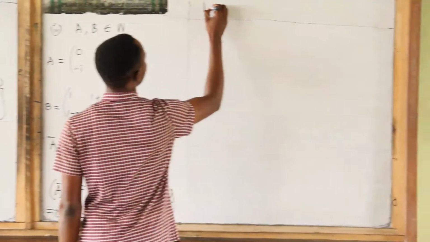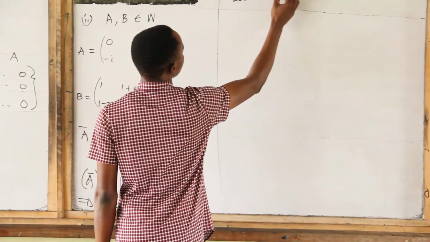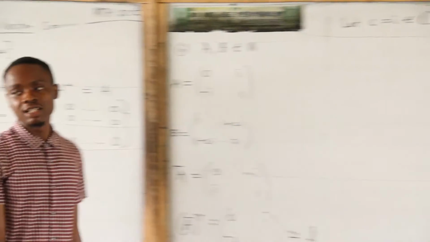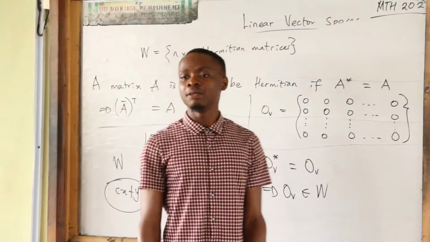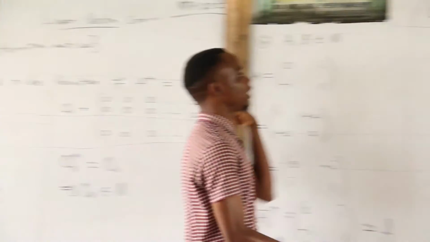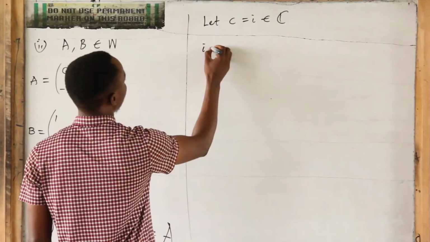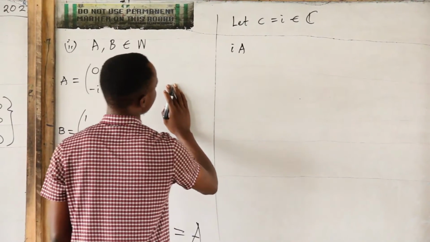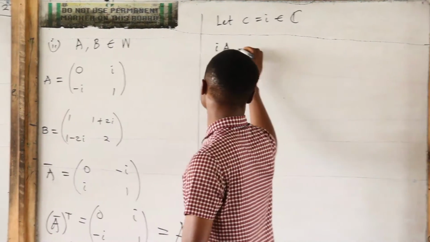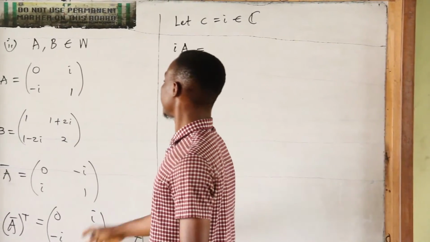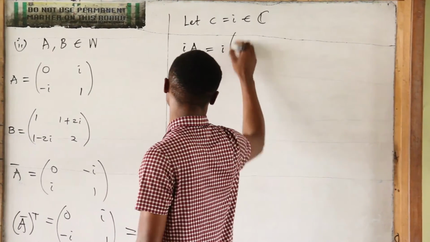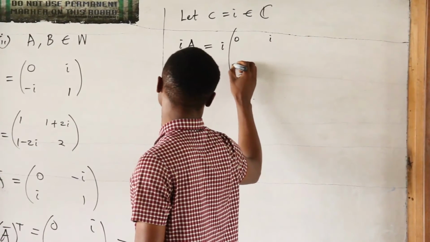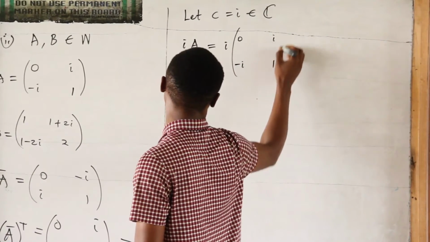Look at this now. i is obviously an element of the complex numbers, an element of our field. Please pay attention. I multiplied by A is going to give us i times 0, i times minus i, i times i, and i times 1.